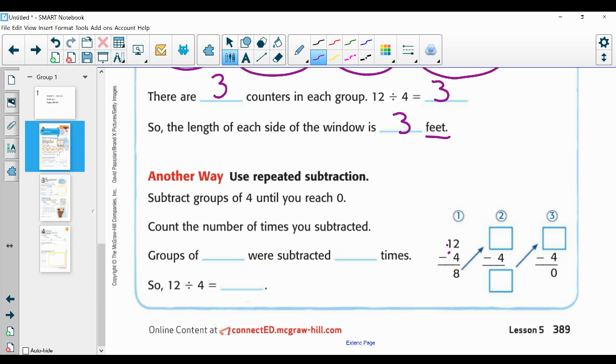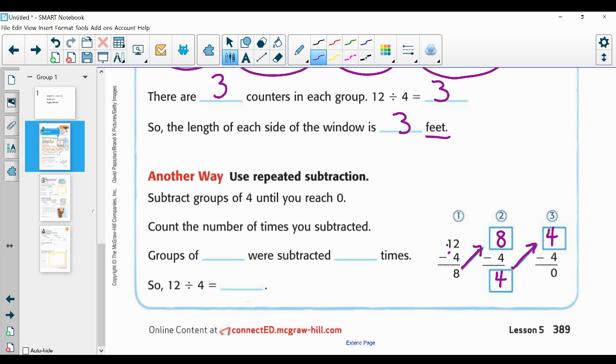So 12 minus 4 is 8. Then we take the difference here and we write it in this top box. Make sure when you do this that you draw your arrows so you don't lose track of what you're doing. So your difference comes up here and becomes the first number in your subtraction sentence. 8 minus 4 is 4. So now I'm going to draw my arrow and make my 4 my top number. 4 minus 4 is 0.